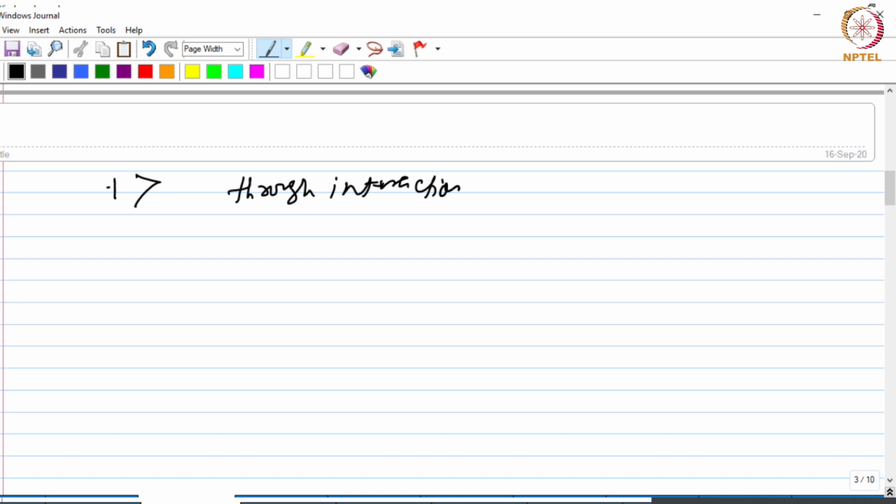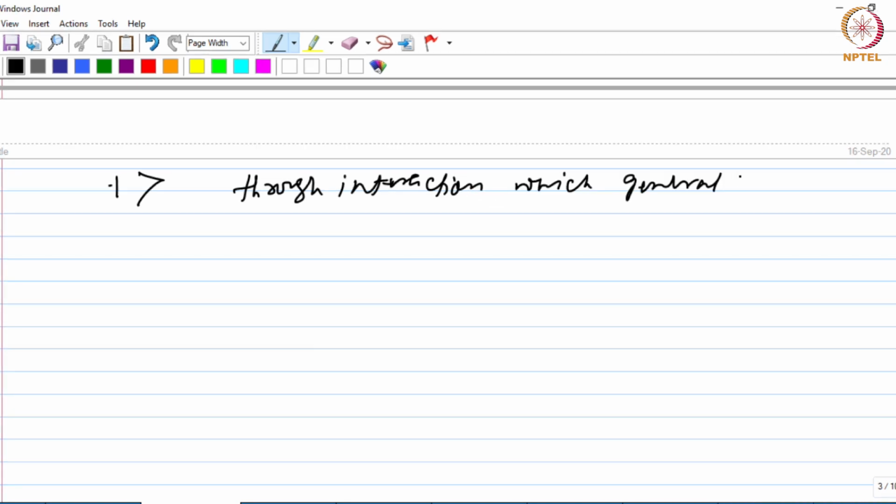Okay, so there are three ways of looking at how the dislocations would interact with each other. One of them we have already seen, through interaction of dislocations which generate sessile locks, or those kind of kinks and jogs on the dislocation lines which cannot move.